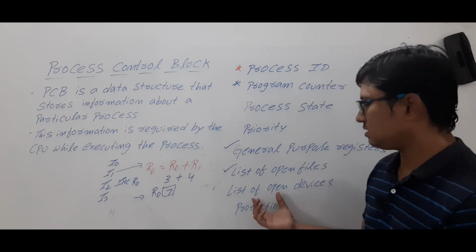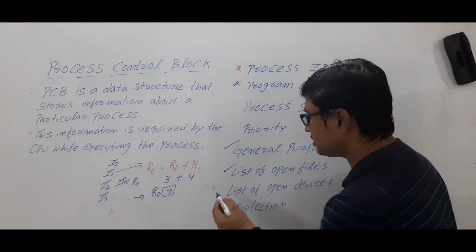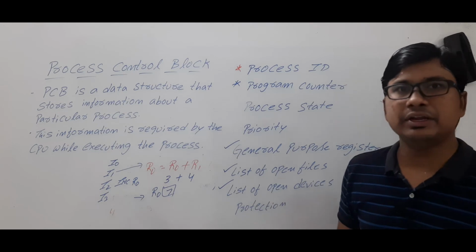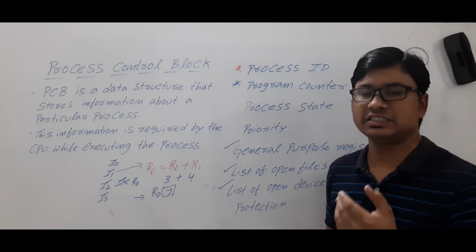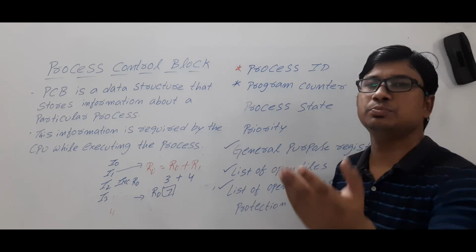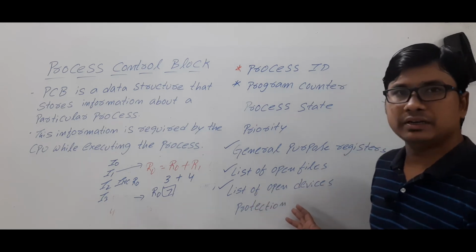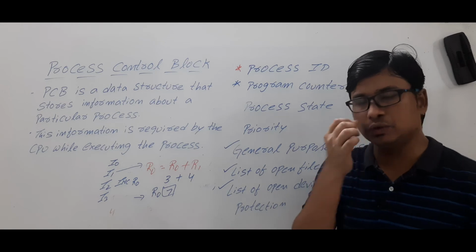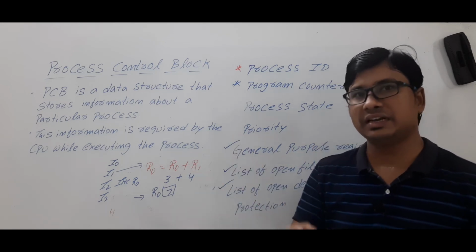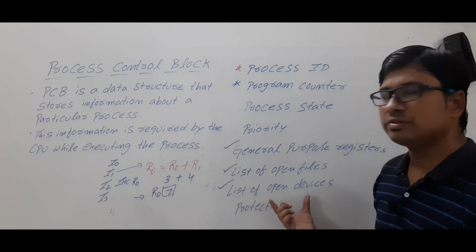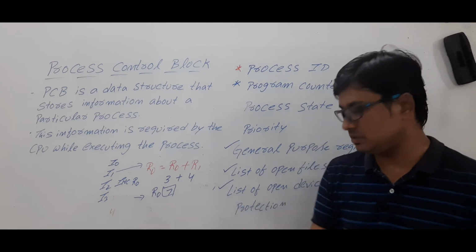So all this information should be available somewhere. Whenever a process is running, it has several instructions. Now one instruction is to print something using the printer. Then you have to open the printer. Am I right or wrong? So you are sending a read signal and a write signal. So all this information should be there whenever a process is executing.